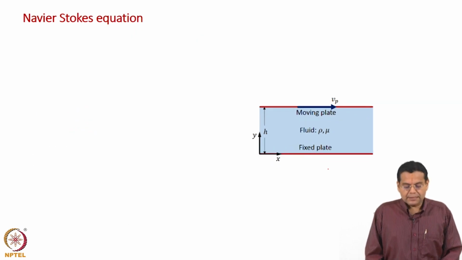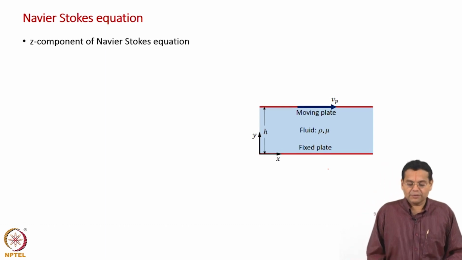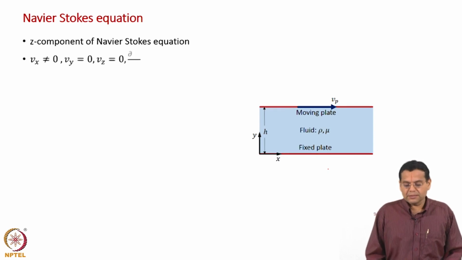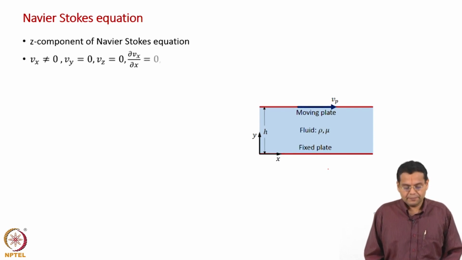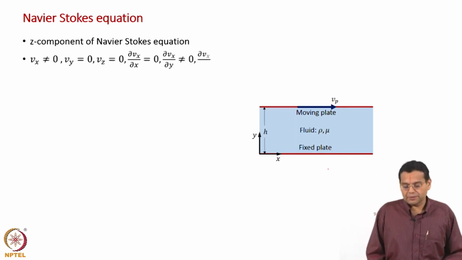Okay, now let us take the z component of the Navier-Stokes equation. Let us write that down, the assumptions are known. We have seen this a few times now, and let us see what happens to the z component.